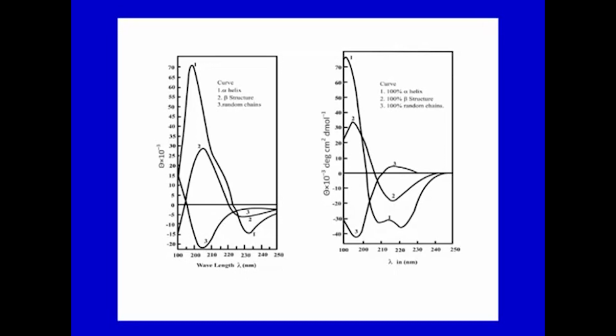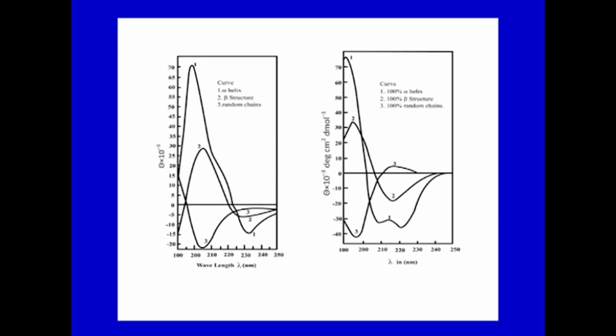So, if you consider ORD and CD spectra here, as you see in these diagrams, there are much clearer bands in the CD spectra. This is for alpha helix, this is for beta sheet, and this is for random coil structure.